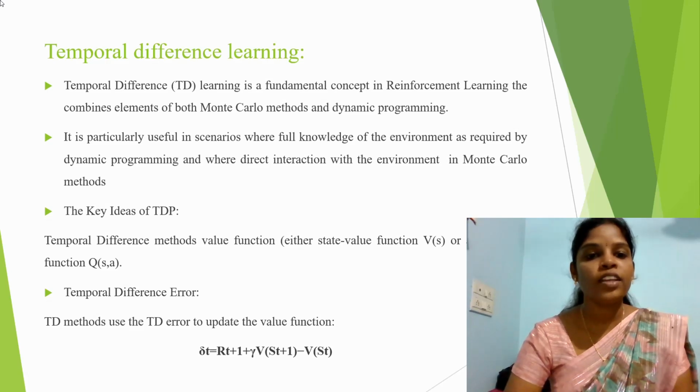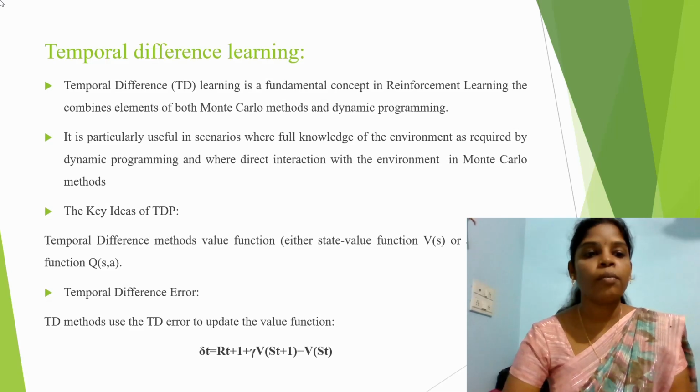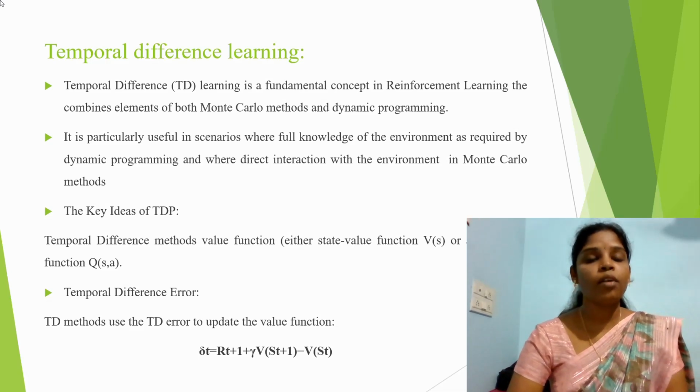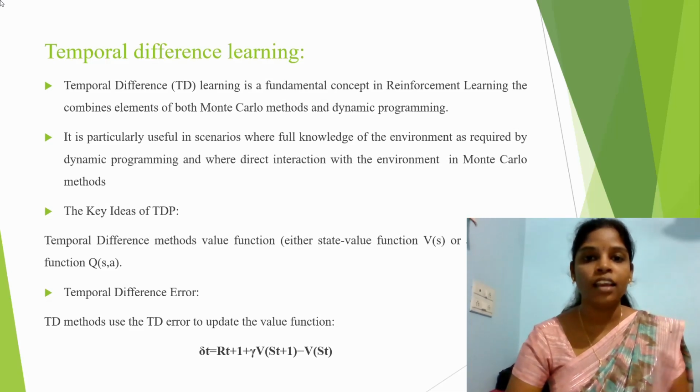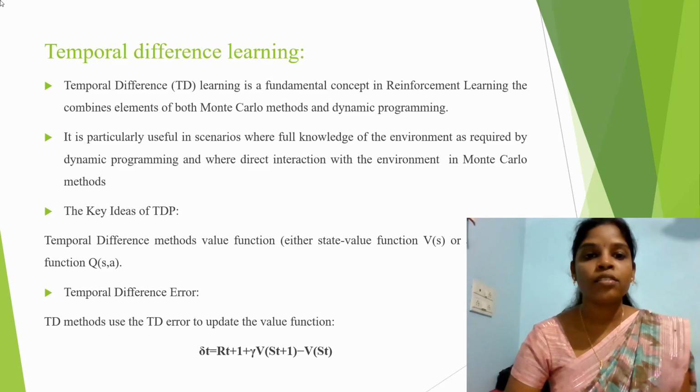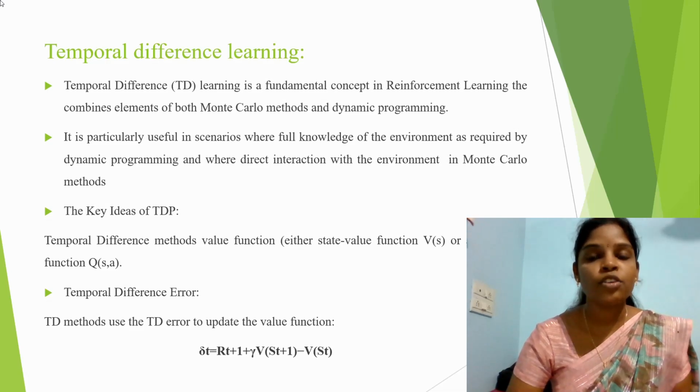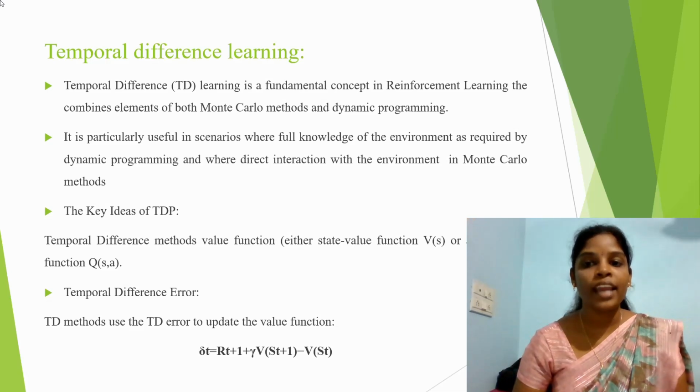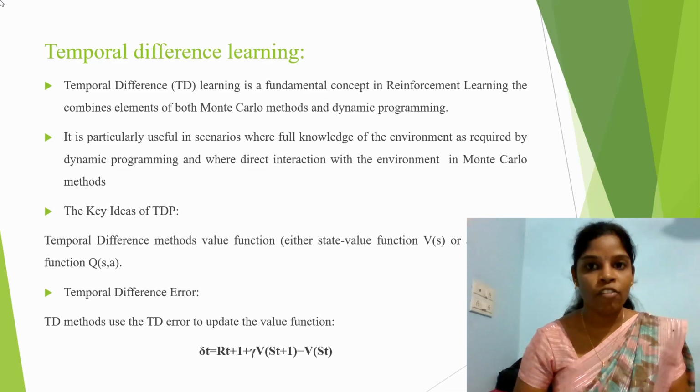It is particularly useful in scenarios where full knowledge of the environment, as required by dynamic programming, is not available, and where direct interaction with the environment is needed, as in Monte-Carlo methods.